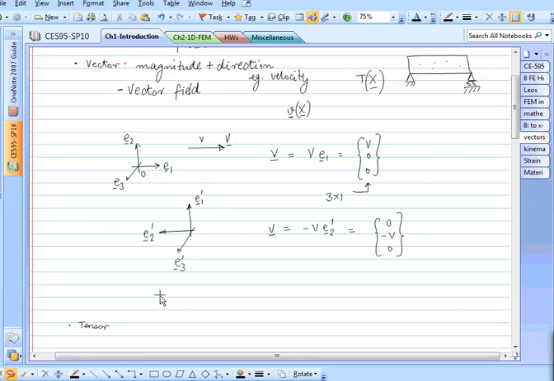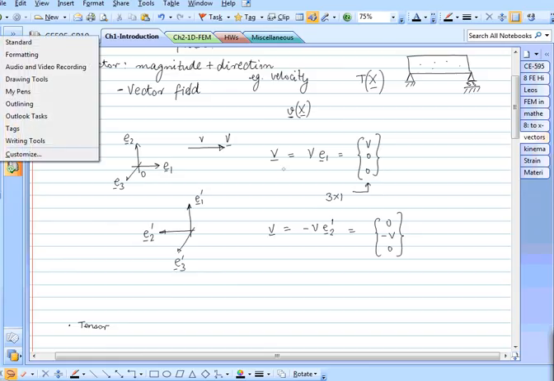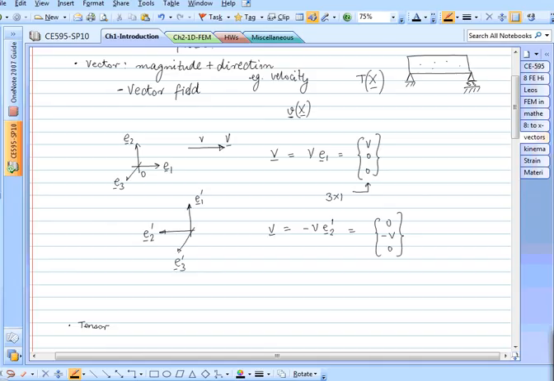And the reason I'm telling you this is that it's related to tensors. So ideally what I should do is attach the origin O here, and this is origin O prime. O, E1, E2, E3 is the coordinate system that I'm denoting. In this coordinate system, I can represent my vector V as this.